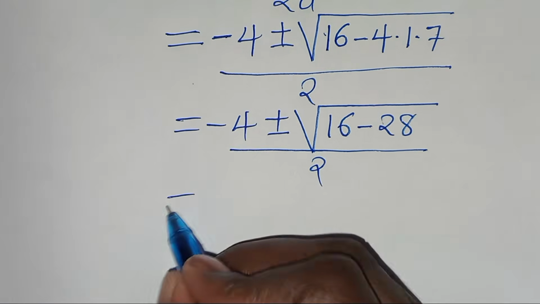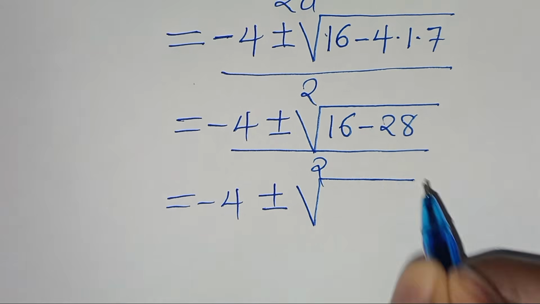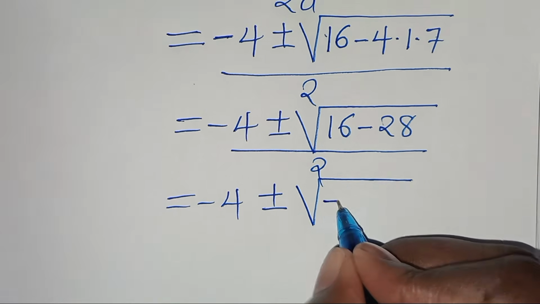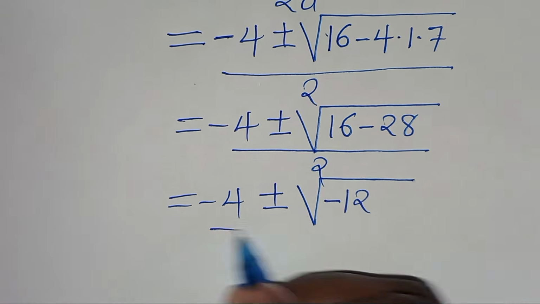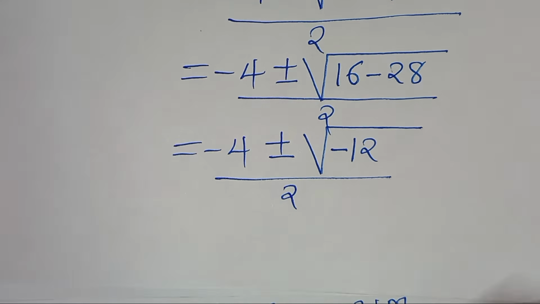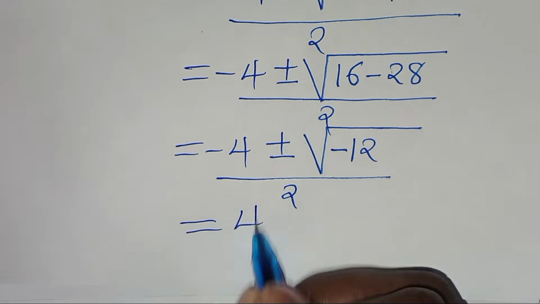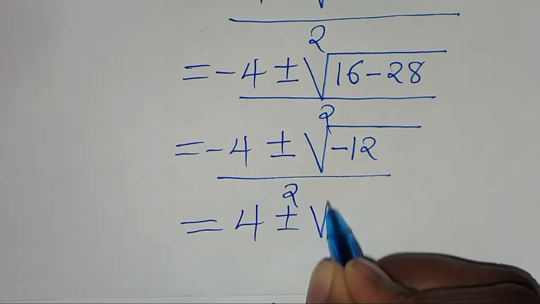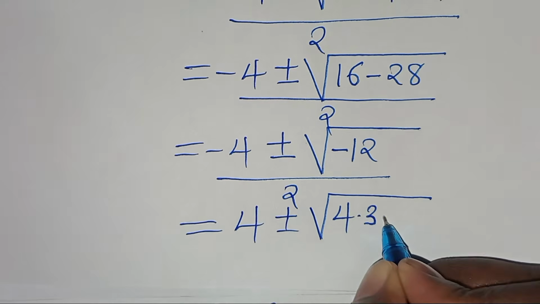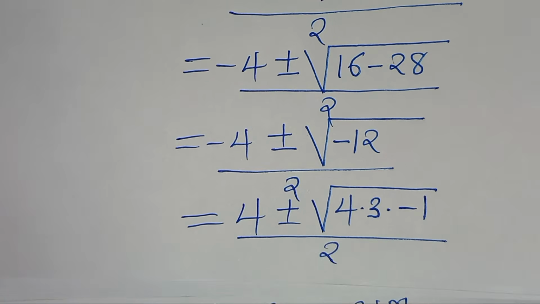Now we have minus 4 plus or minus the square root of 16 minus 28, which is minus 12, divided by 2. The next step is that we can express the square root of minus 12 as the square root of 4 times 3 times minus 1, everything divided by 2.